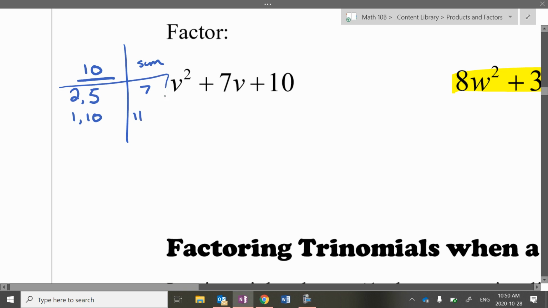So we need to add to 7, that's our b term, and multiply to 10. So I get v plus 2, v plus 5. Is it okay if you wrote it in the other order? Yes, 100% it's okay.